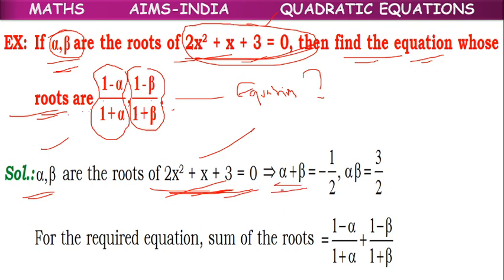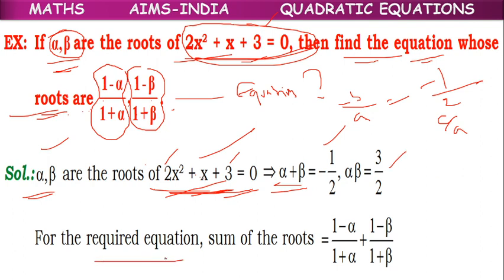Then sum of the roots is minus b by a. b means coefficient of x, which is 1, and a means coefficient of x square, 2. So minus 1 by 2. Next, what is the product of roots? c by a means 3 by 2.